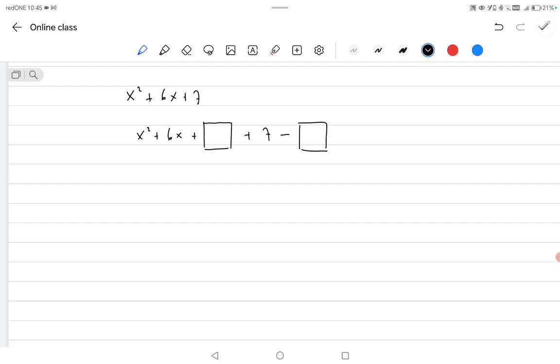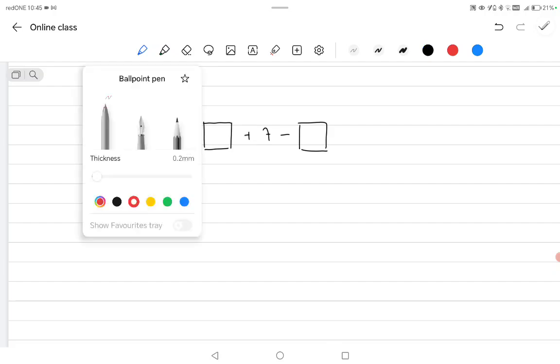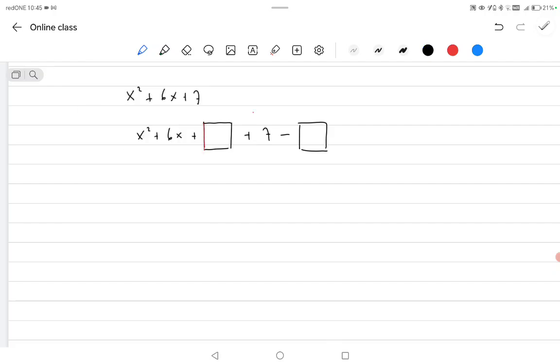When you add something and then subtract it back, you still have the same expression. That's the idea. So what is the value that we need to put in the box?